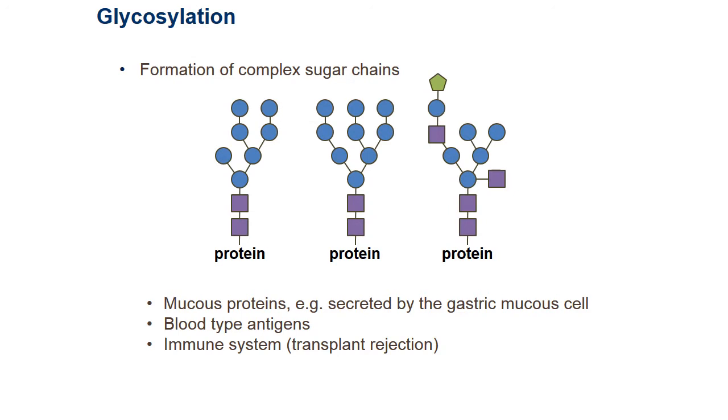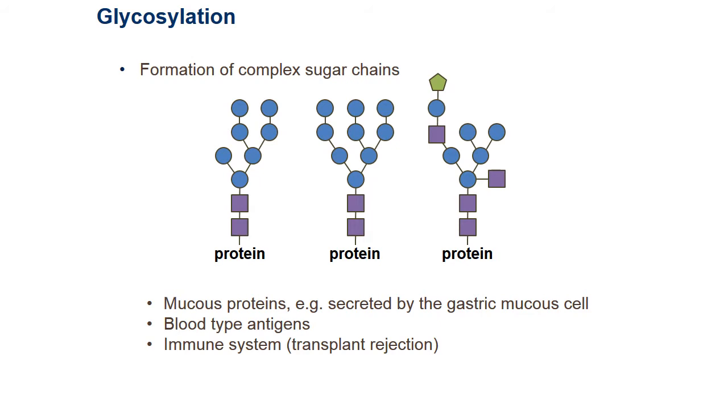So apart from a specific role that these sugar chains have, for instance in the mucus, these complex glycosylation patterns have an additional medical relevance. And that is because the immune system really uses these glycosylation patterns to distinguish self from foreign material.